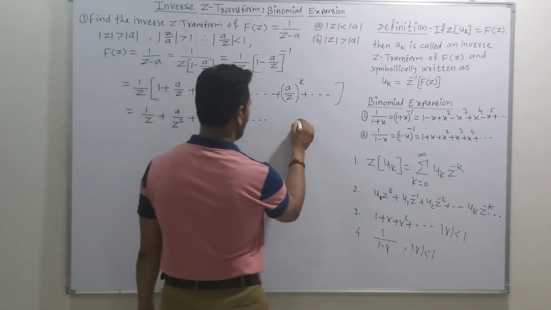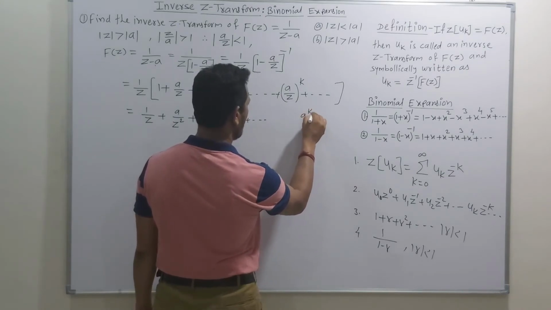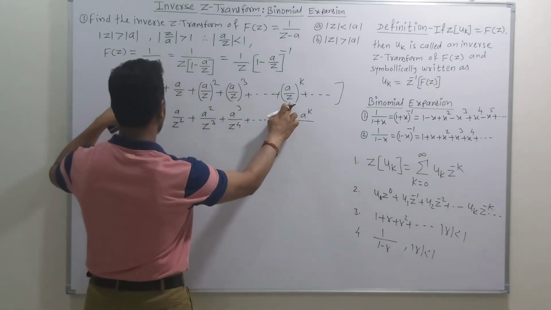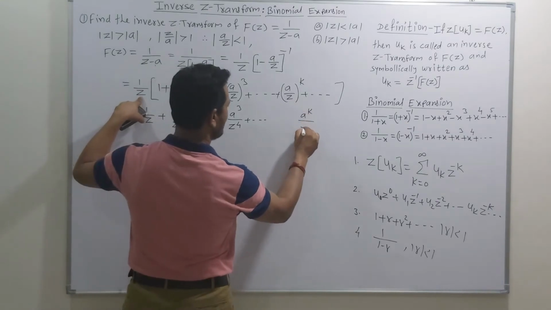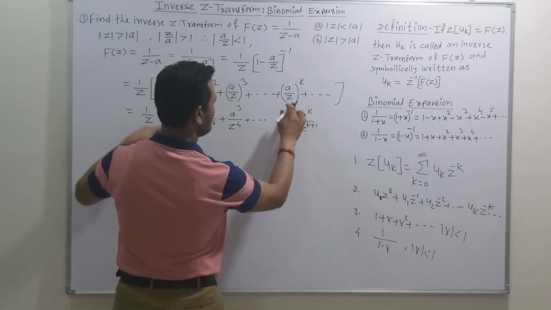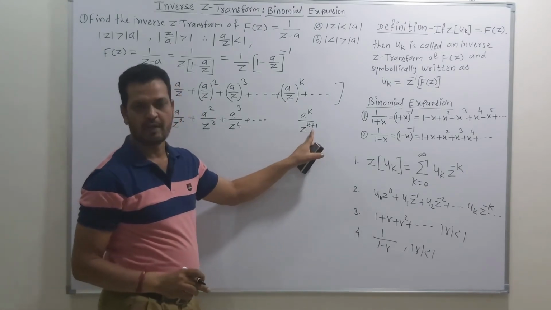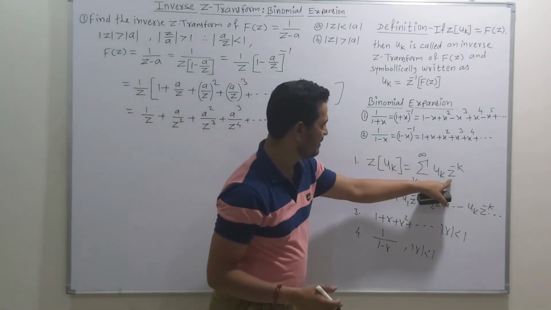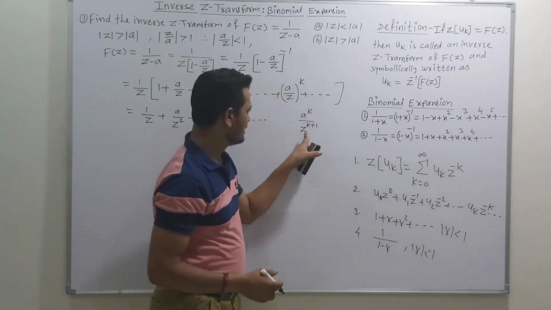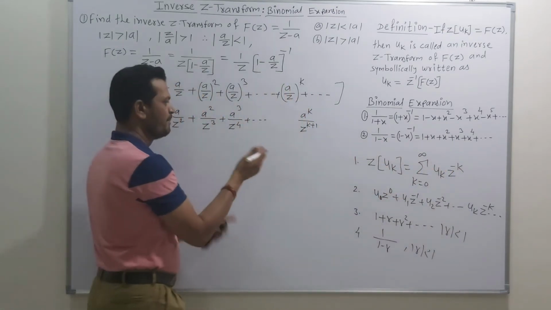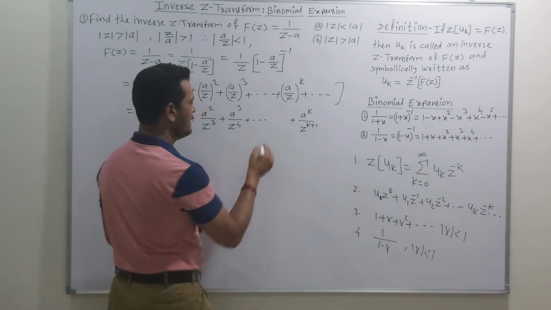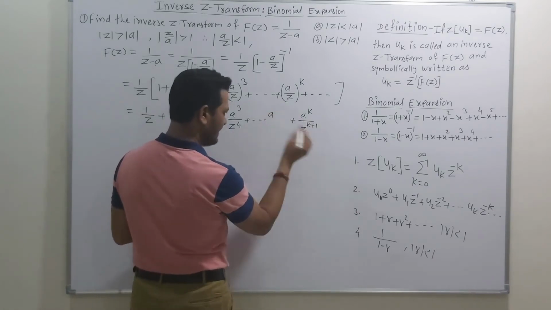Now please understand that if we multiply the denominator by z, we get z raised to k plus 1, because this is z raised to k and one more z gives z raised to k plus 1. But our interest is to get the value of z raised to minus k, so the previous value is z raised to k.